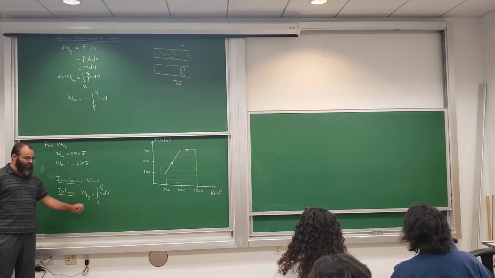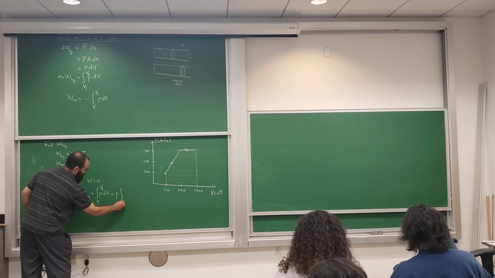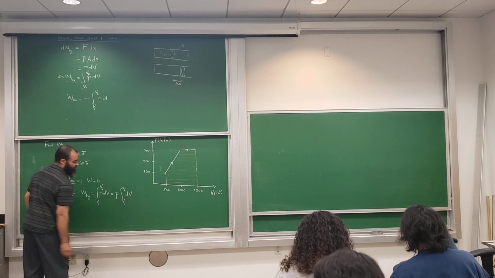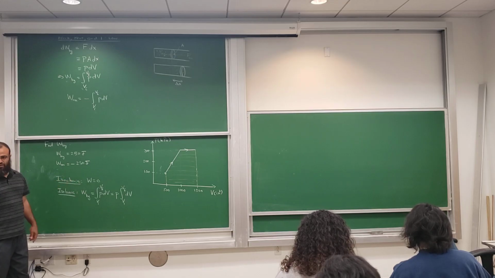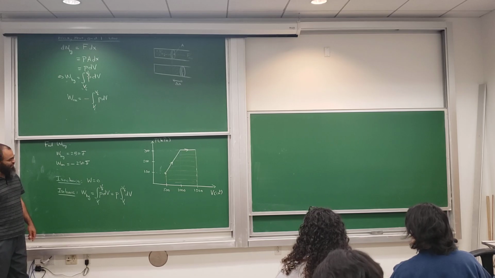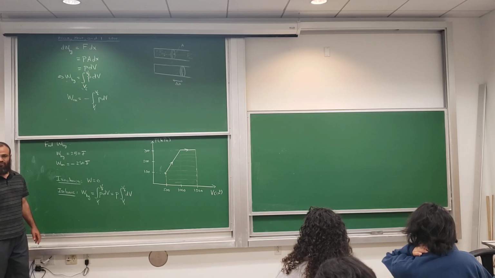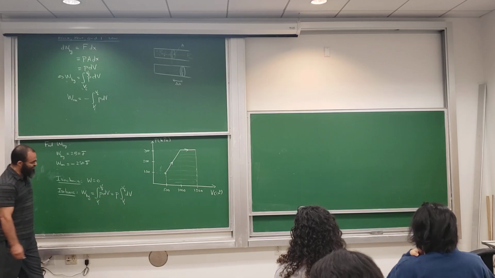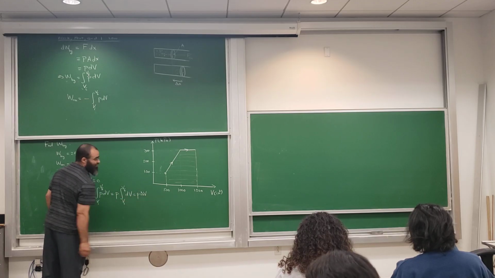So I have this P. What's the integral of dV? V. And when you evaluate it between V final and V initial, you get V final minus V initial. What is final minus initial? Delta V. So it's the change. So this one is just P times delta V. That's all.